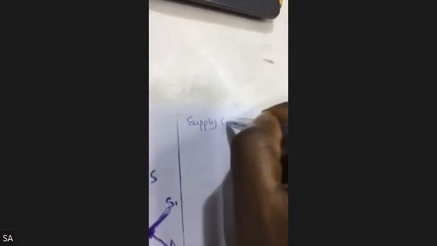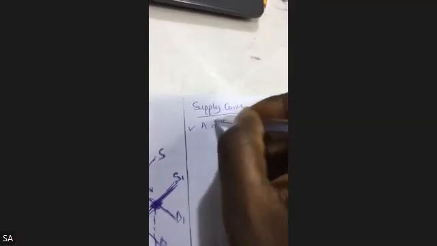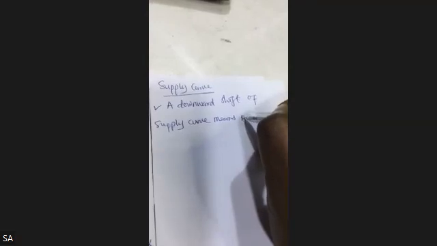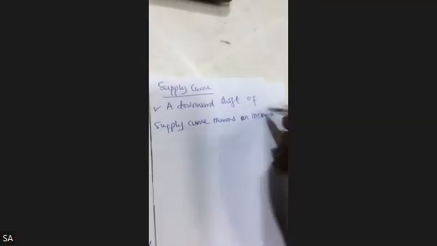Now let's talk about the supply curve. Class, a downward shift of the supply curve means an increase in supply, a rise in supply.